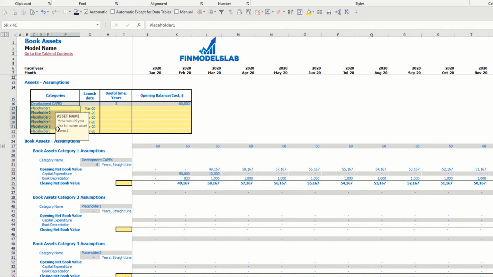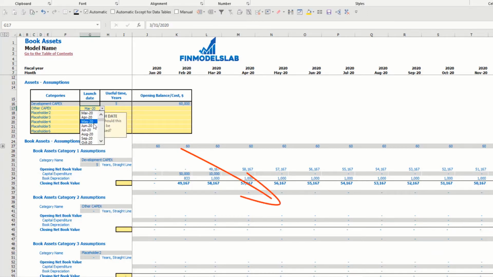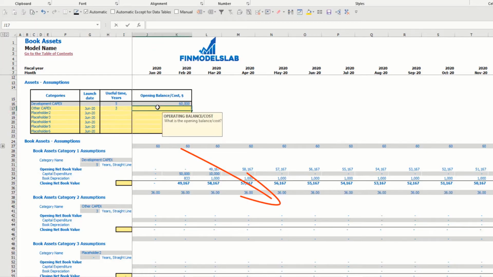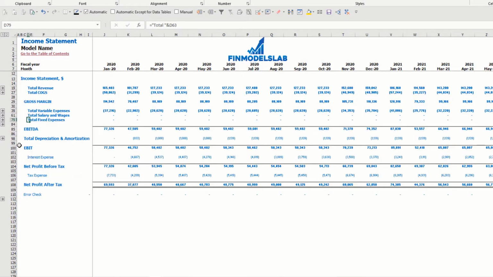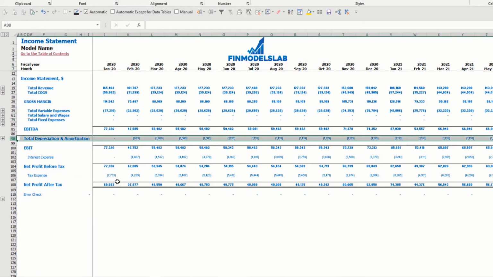You are also able to input up to 6 other assets, for example, other CAPEX, with a launch date, for example, June, with 3 years of useful life, with a $5,000 cost. You may see the calculation here. So in this tab you have the calculation of capital expenditure, book depreciation, and closing net book value. The total amounts you may see in the income statement tab in the depreciation section.